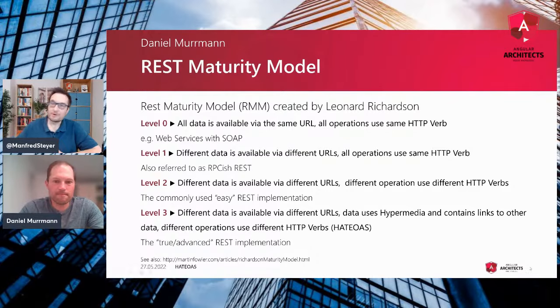So if we talk about hypermedia, what could this be? Hypermedia means we have hyperlinks. That means when I'm requesting a flight, I'm getting my flight entity plus hyperlinks. Imagine you're on a web page looking for a flight, and there's a button, flight details, which brings you to a different view where you have more detailed information about this flight.